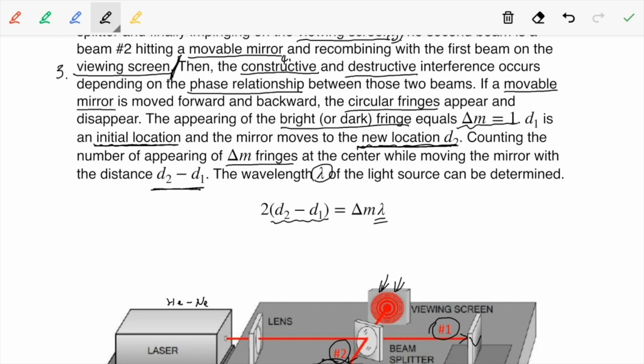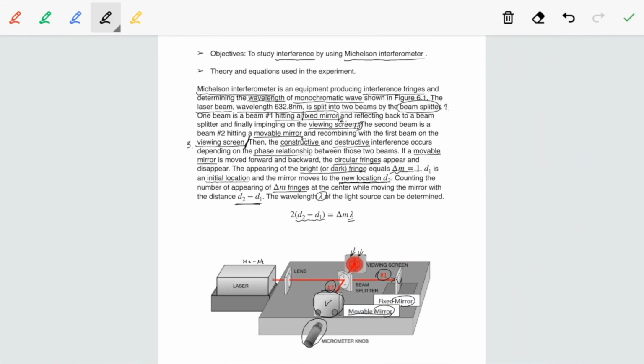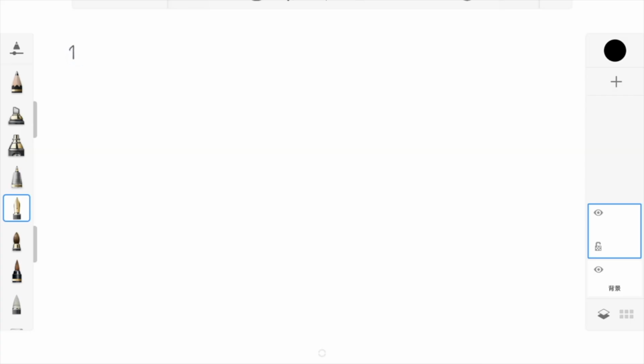That is the first page of our handout. After that, I'm going to teach you the phase relationship between those two beams. First, I'll tell you what constructive wave interference is.